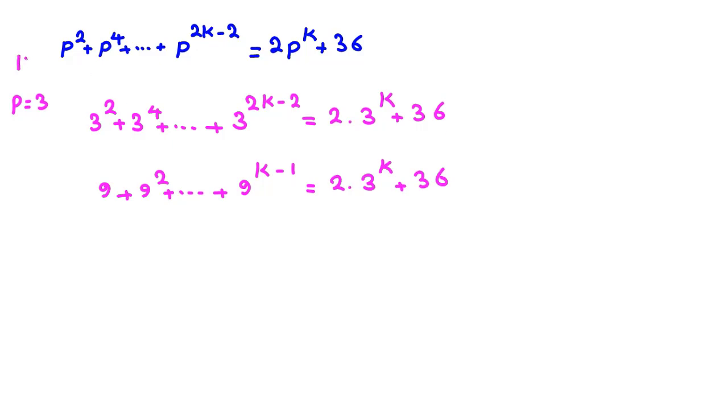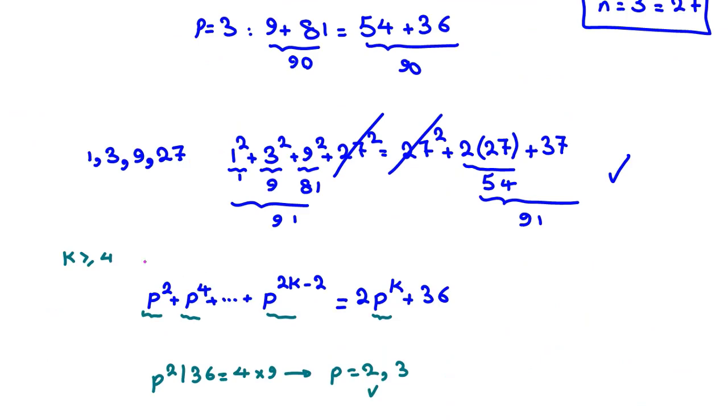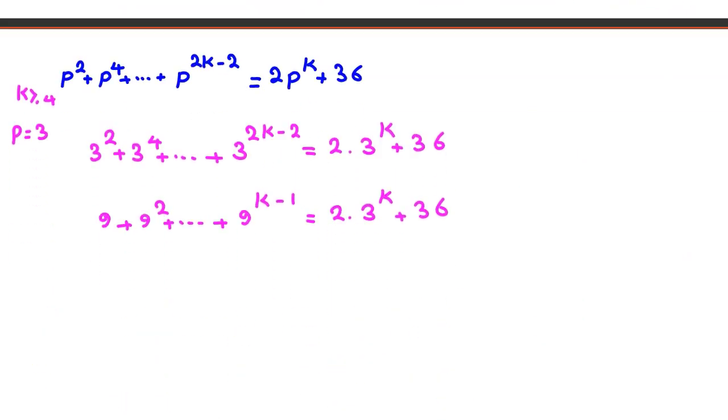Now we know k is at least 4, and we've checked k from 1 to 3. Now we can divide both sides by 9 because 3 to the k is also a multiple of 9. This is 1 plus 9 plus 9 to the k minus 2 equals 2 times 3 to the k minus 2 plus 4.